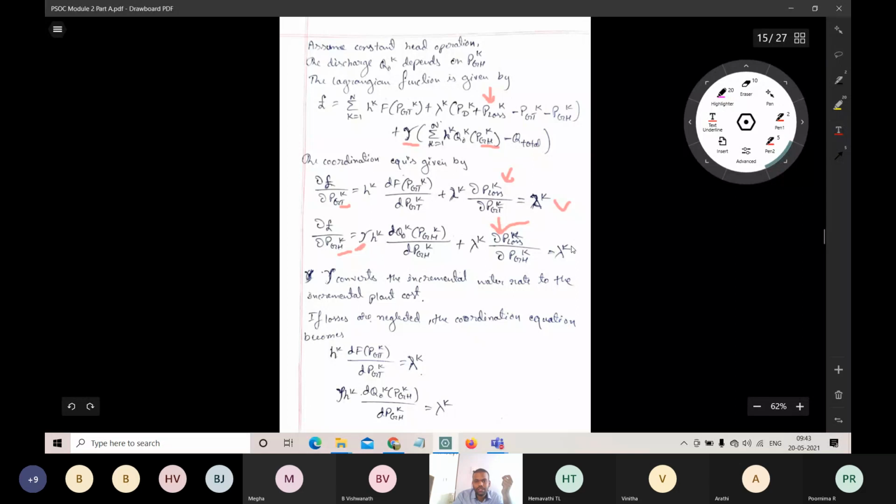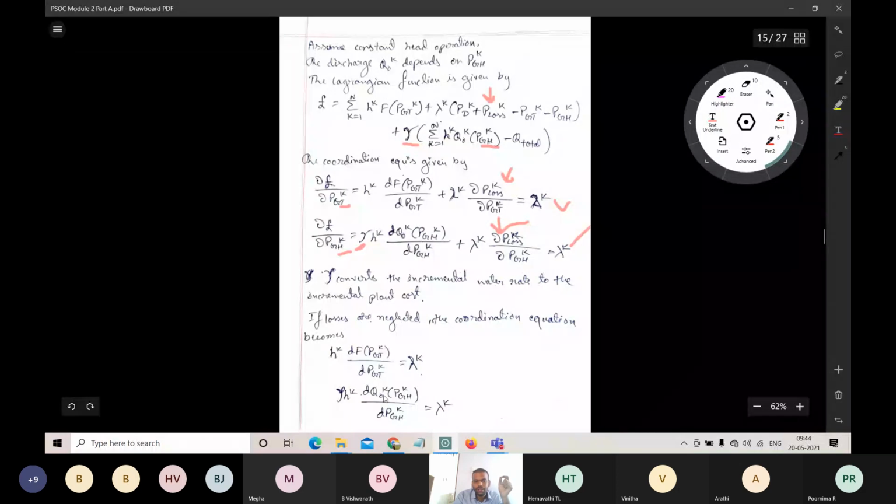From these two equations, lambda will be given by hk times the differentiation of the production cost of thermal, and here we have to add the extra gamma times hk with the differentiation of the amount of water that flows out of the hydel station.